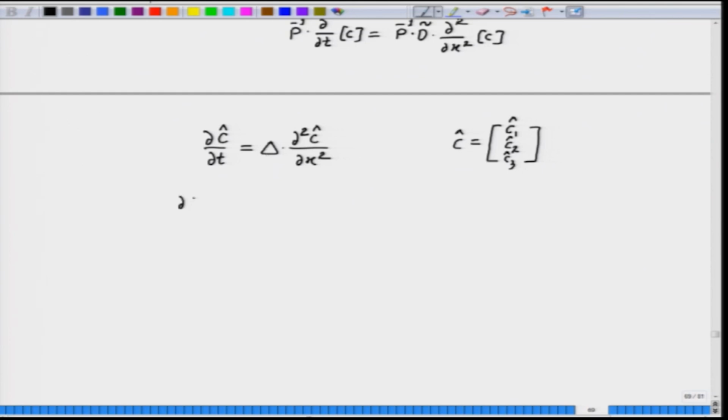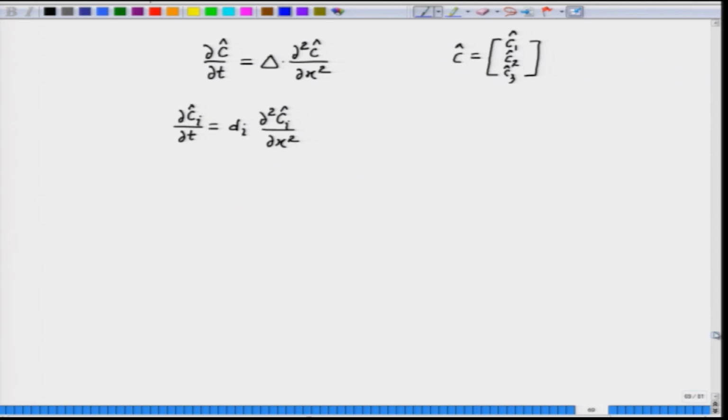So, individually we can write dou C i cap by dou t is equal to D i times dou 2 C i cap by dou x 2. So, we have now obtained a decoupled partial differential equation, right. So, which looks now easier to solve, right. But we also need to look at the initial and boundary conditions now, right. So, the way we defined the initial and boundary conditions.